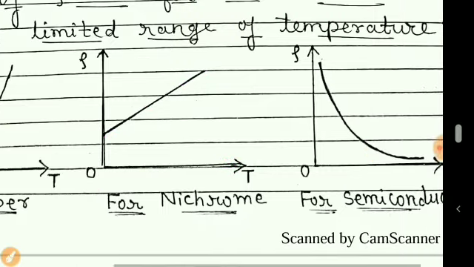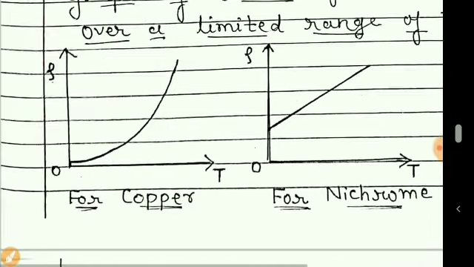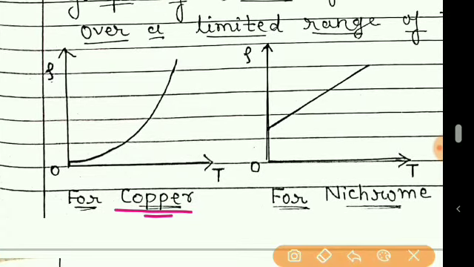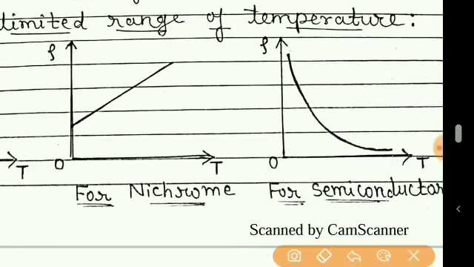And for semiconductor it is something reverse. For nichrome and for copper, you can see that with temperature the resistivity increases. But for this semiconductor, with temperature resistivity decreases.